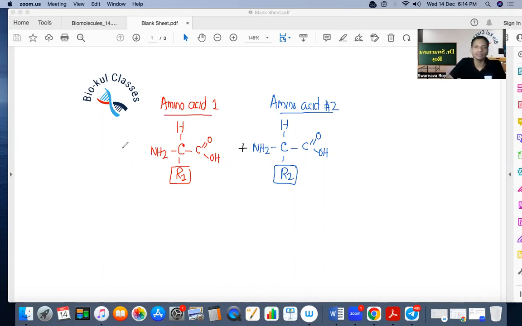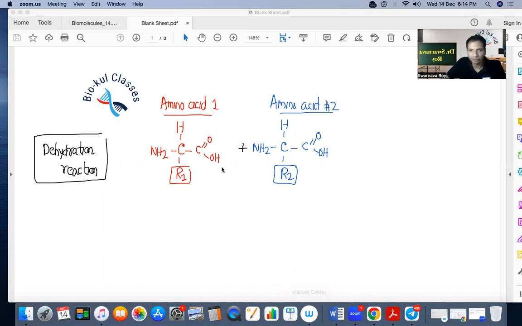This reaction is called the dehydration reaction. What is a dehydration reaction? We have the OH from this. In fact, we can draw this in an easier form, as NH2.